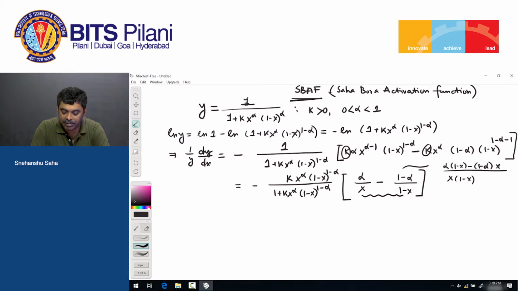So alpha minus alpha x plus alpha x cancels out, and there is an alpha and a minus x. So it's alpha minus x with a minus sign in front. I can just make this plus and rewrite this whole thing as x minus alpha.